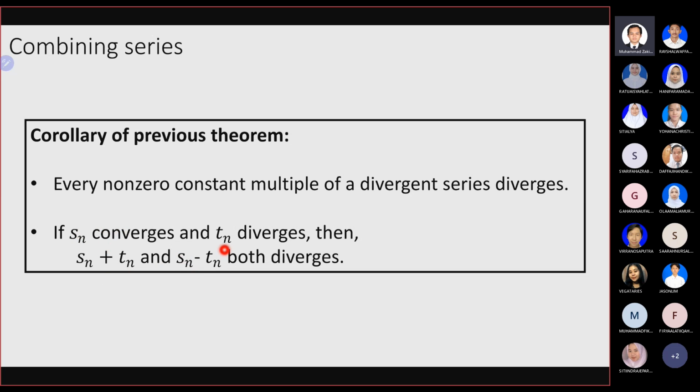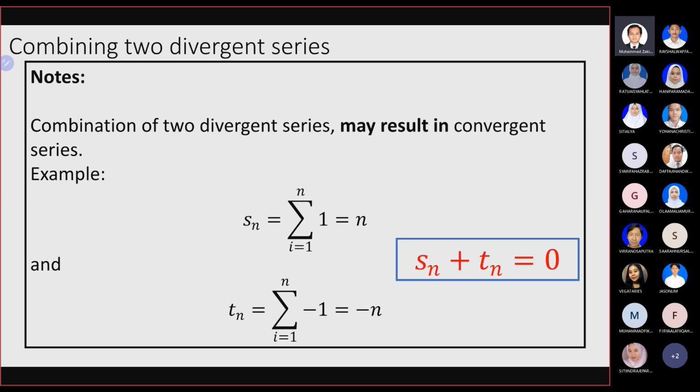Tapi kalau kita punya dua deret yang divergen, gabungannya bisa jadi konvergen. Itu yang harus kita hati-hati ya.